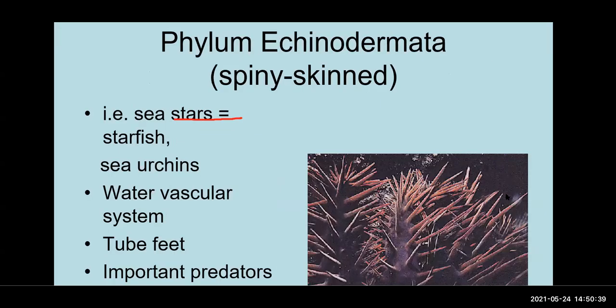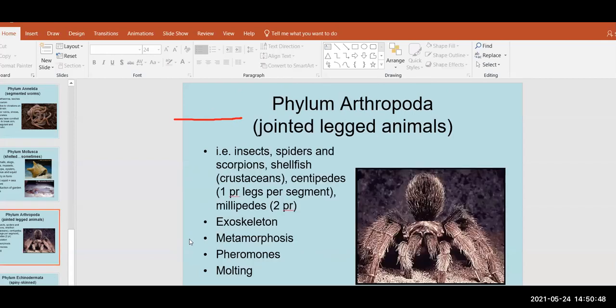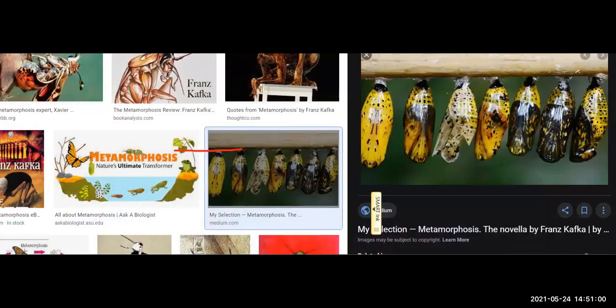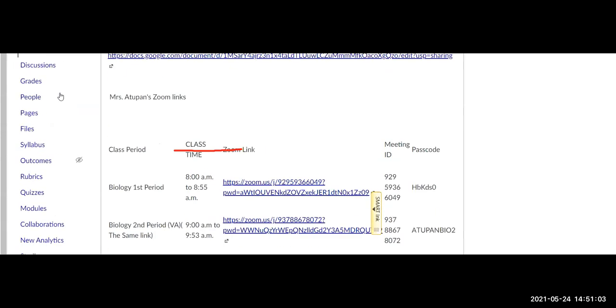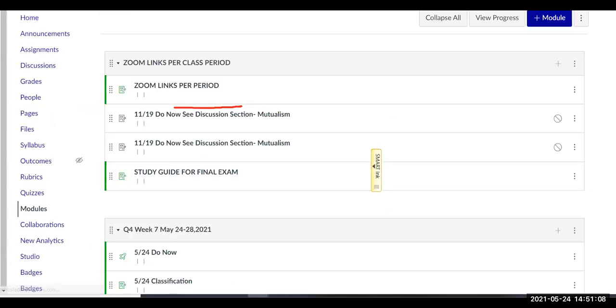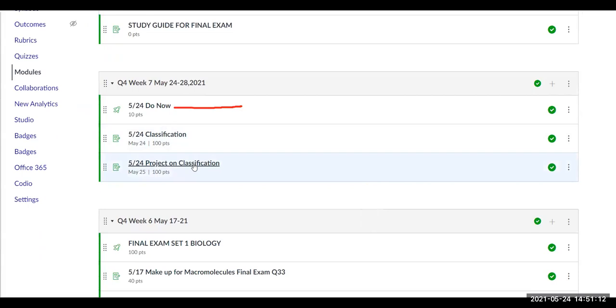All right, so this is it, Anthony. Your project is to make a Google Slides presentation or make a poster about the Kingdom Animalia and write these 8 phyla. If you go to Canvas, you can see your assignment. Let's go to modules. So your project today is all about classification.